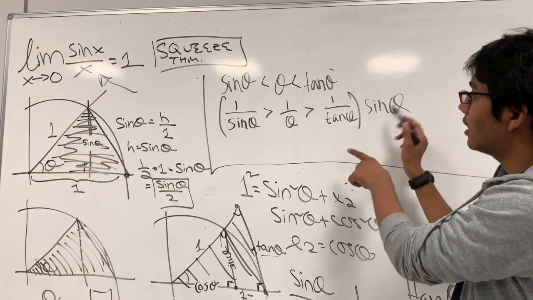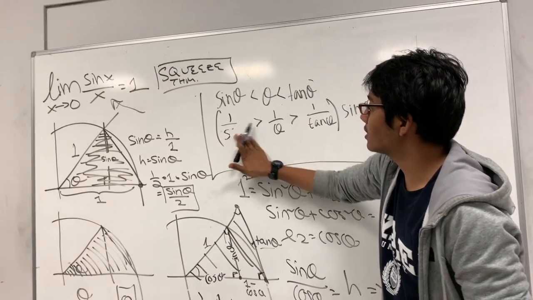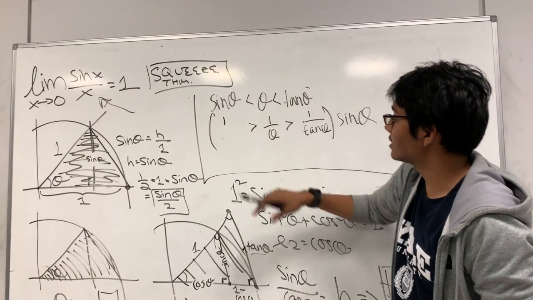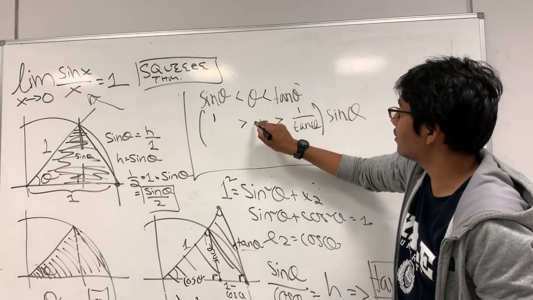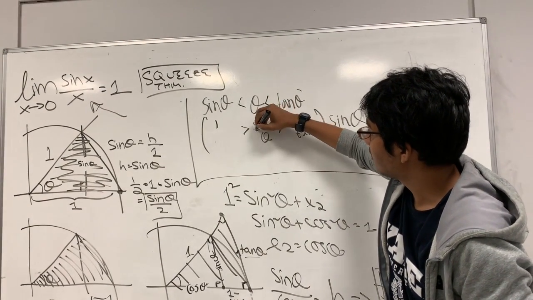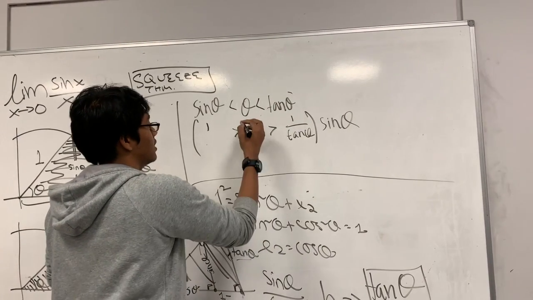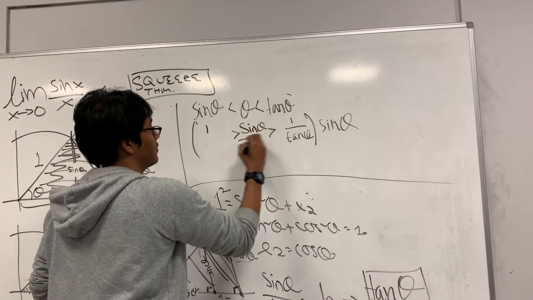Why? Well, if you distribute sine theta to this inequality, you'll get 1 on the left-hand side. You'll get sine theta over theta, which is what we've been looking for all this time, in the middle.